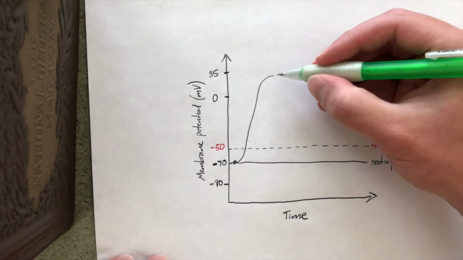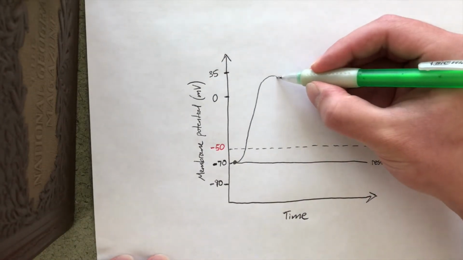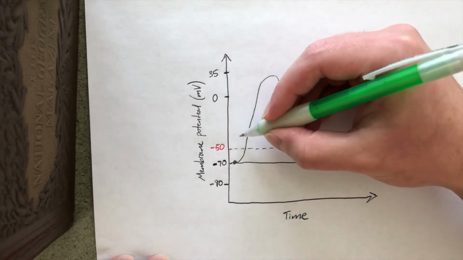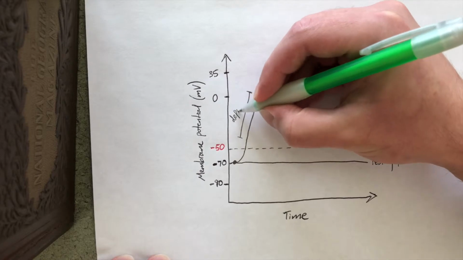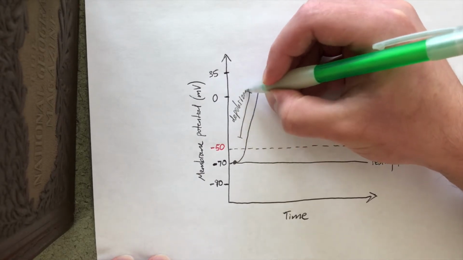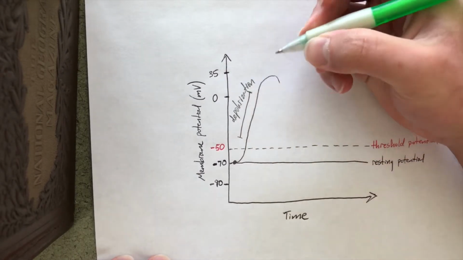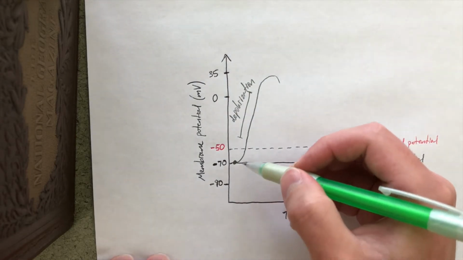And the effect of that is that we're going to start to go negative again. I forgot to mention that this phase here is the depolarization phase. And we're depolarizing because we're becoming more positive.